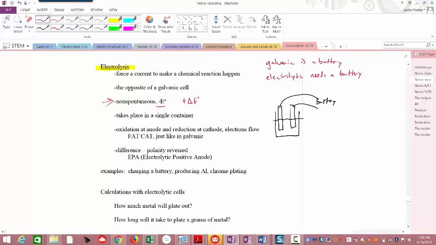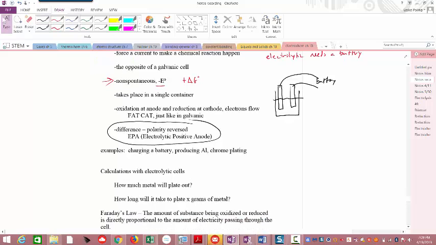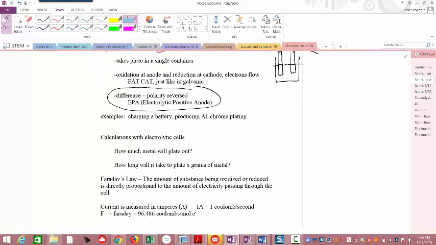Now, oxidation is at the anode, reduction at the cathode, electrons still flow fat cat, so that's all the same. But the difference is that the polarity is reversed. We have a positive anode for an electrolytic cell.